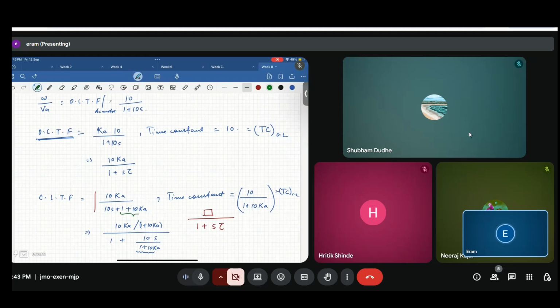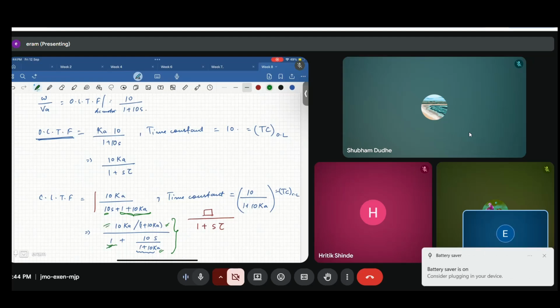So we need to make it 1. And how can we make it 1? We can divide numerator and denominator by this value. So I have divided the numerator with this value, and I have divided the denominator. If you divide this by this value you will get 1. Okay, now you have landed with the standard expression, which is some numerator divided by 1 plus s into tau.